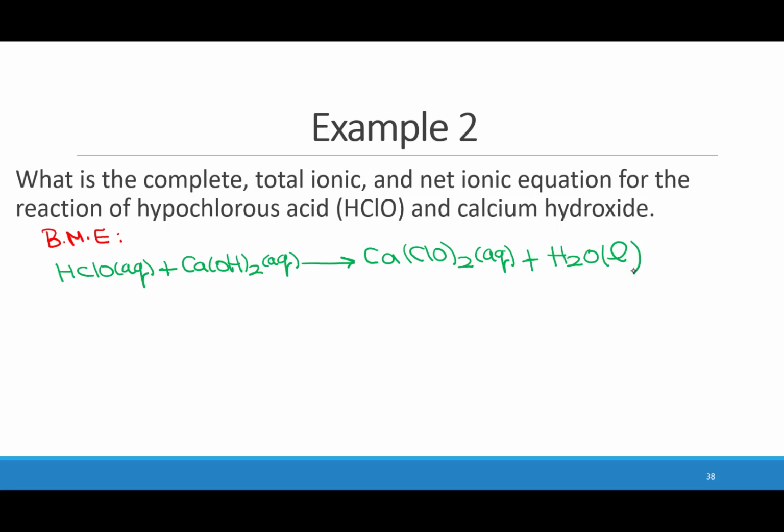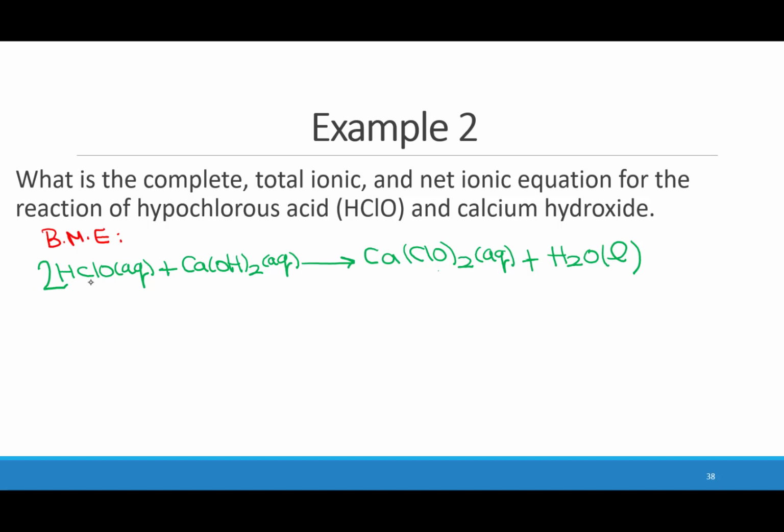All right, now let's balance it. I have to add a coefficient 2 in front of hypochlorous acid, because we have 2 on the product side, so I have to have 2 on the reactant side.